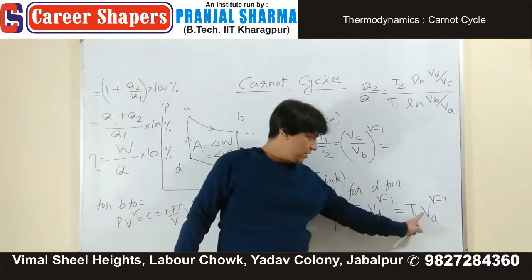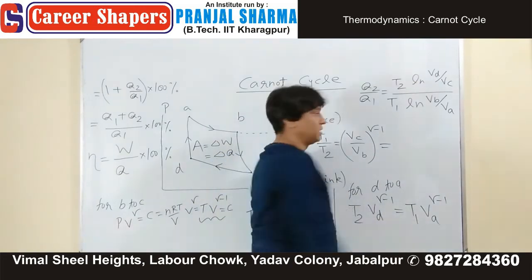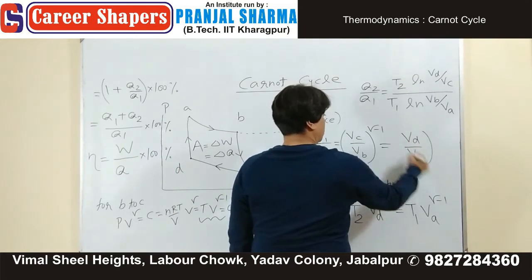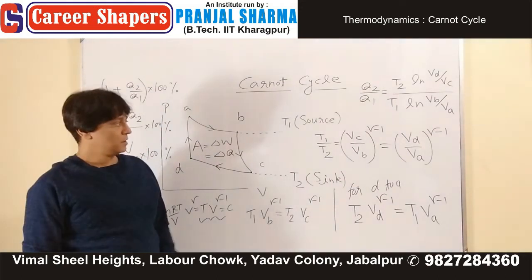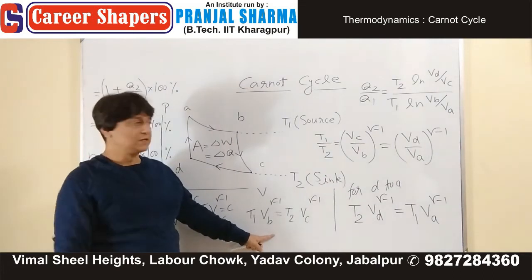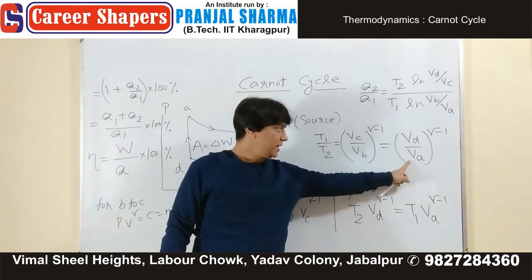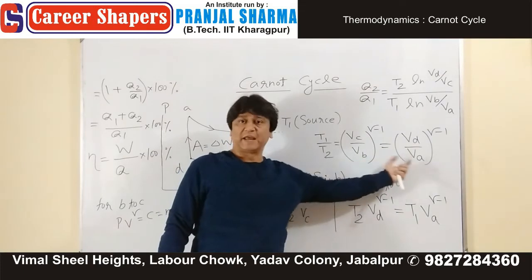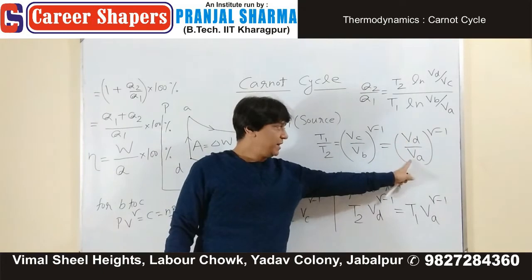T1 upon T2 is VD upon VA to the power gamma minus 1. This is coming from these two, which tells us VC upon VB is equal to VD upon VA. T1 upon T2 is equal to this, gamma is same, and therefore VC upon VB is VD upon VA.